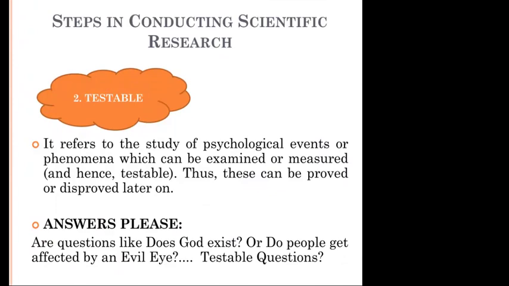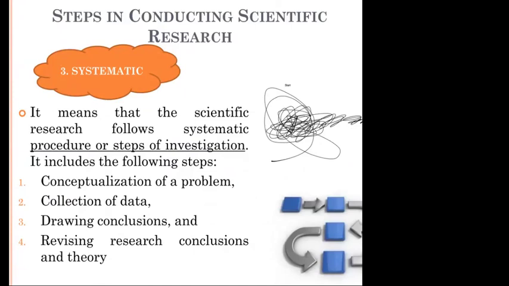Are questions like does God exist, or do people get infected by evil eye, testable questions? Can you validate it? Can you really say God exists or not? So testable would mean there should be a validation. It should be a valid question, right?